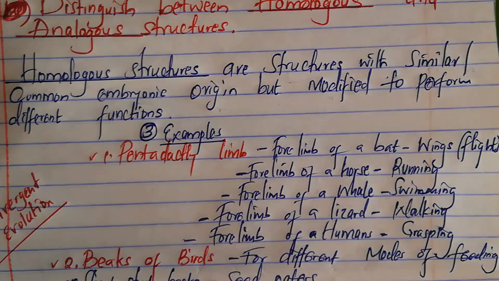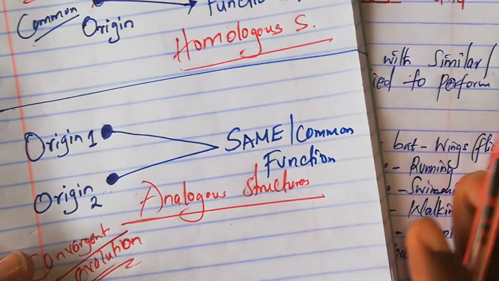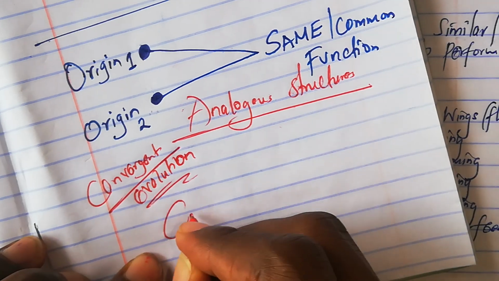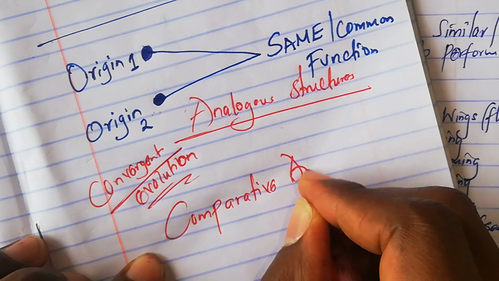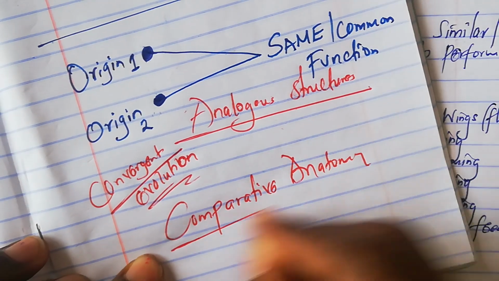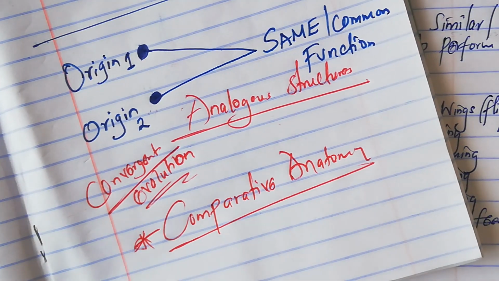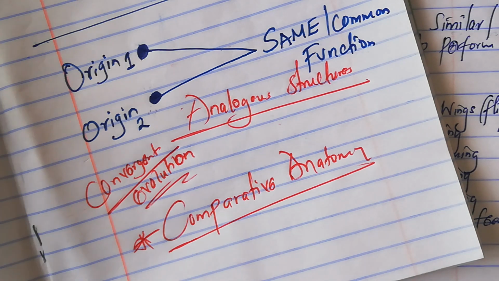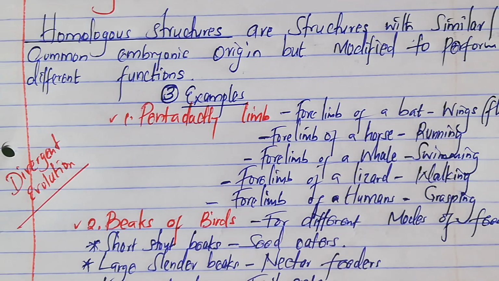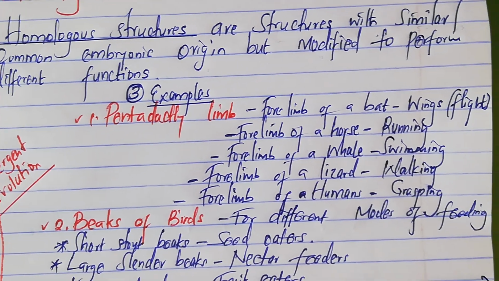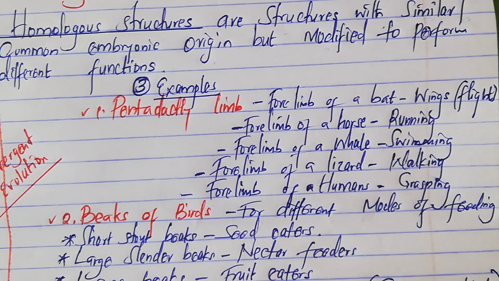When we are comparing between the structures, that is called comparative anatomy. Remember, we have several evidences of organic evolution, and comparative anatomy is among them. We have fossil records, we have comparative embryology, we have cell biology, and so forth, geographical distribution and the rest.